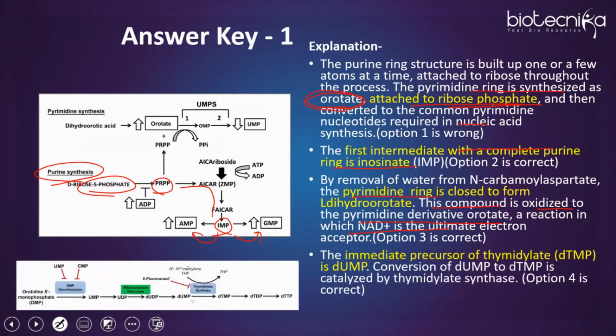The immediate precursor of thymidylate is dUMP. So you can see here, UMP converted into dUMP, dUMP converted into dTMP by thymidylate synthase, and dTMP to dTDP, and dTDP to dTTP. So that's why the last statement is also right.